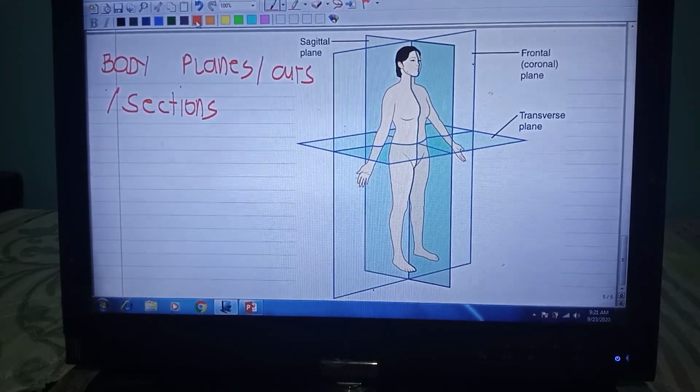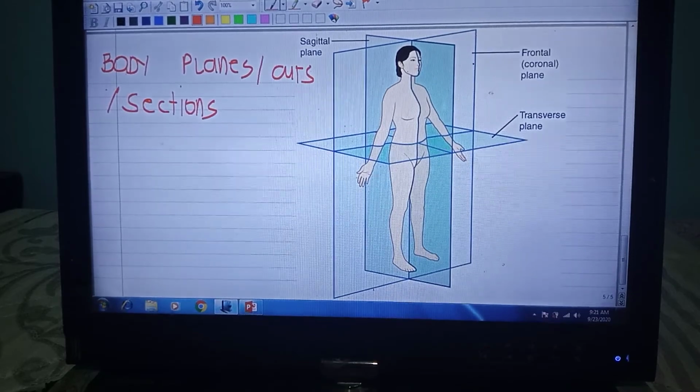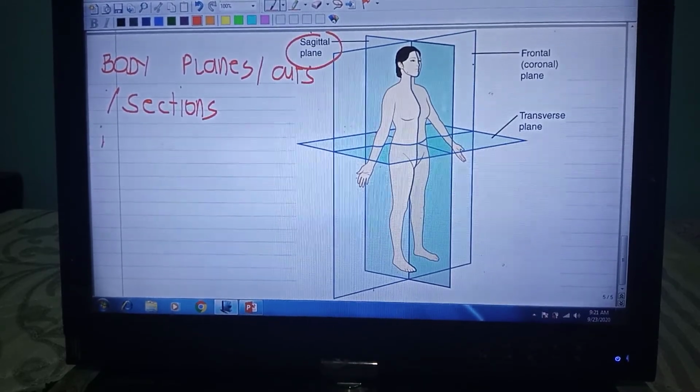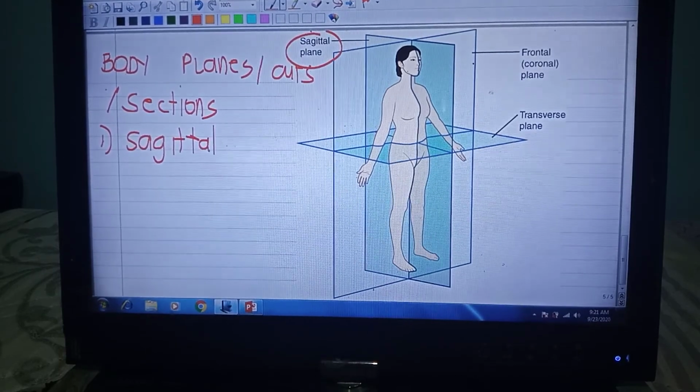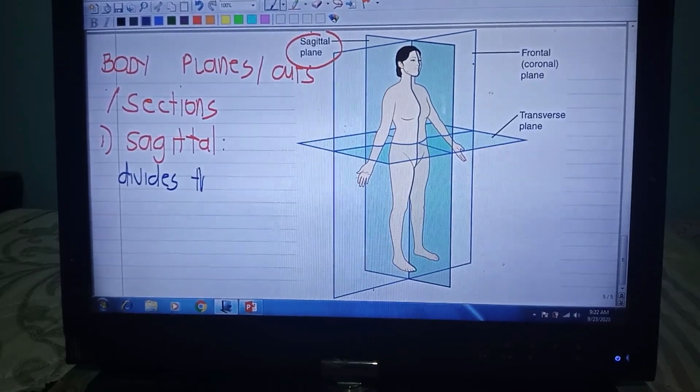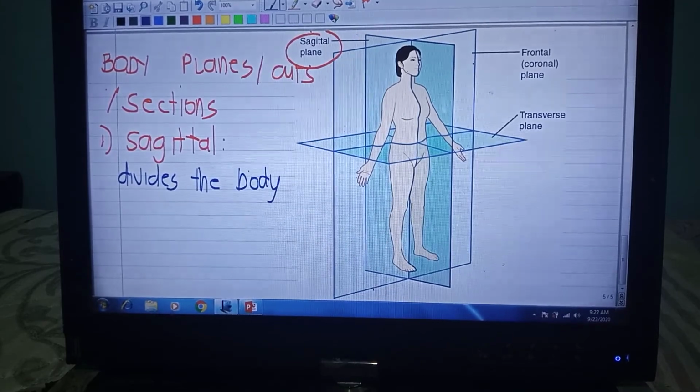So we have your sagittal plane. Your sagittal plane divides the body horizontally or vertically? Vertically.